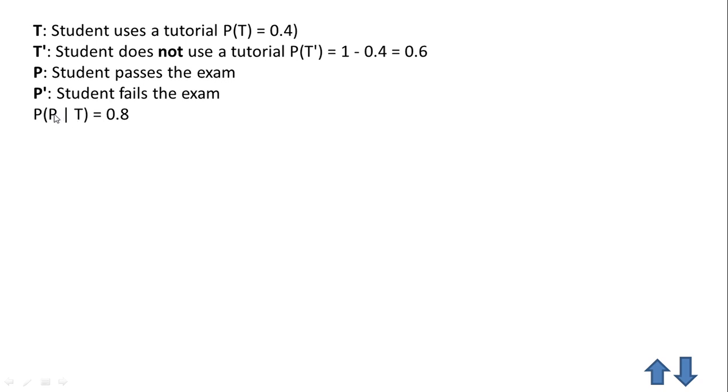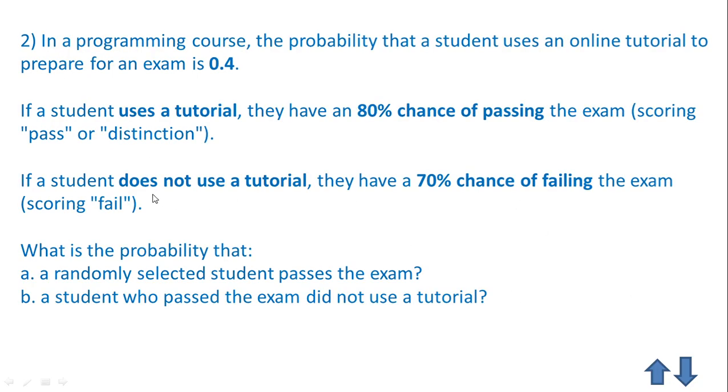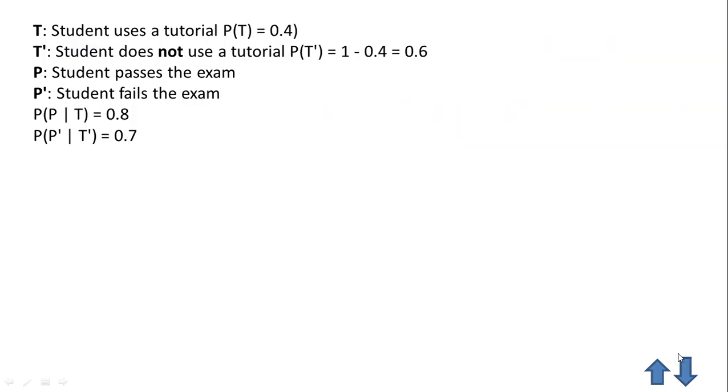Now, passing, given that used tutorial, is 0.8. Not passing and did not use a tutorial is 0.7. That is the assumption here. If a student does not use a tutorial, they have 70% chance of failing. So this is the condition.